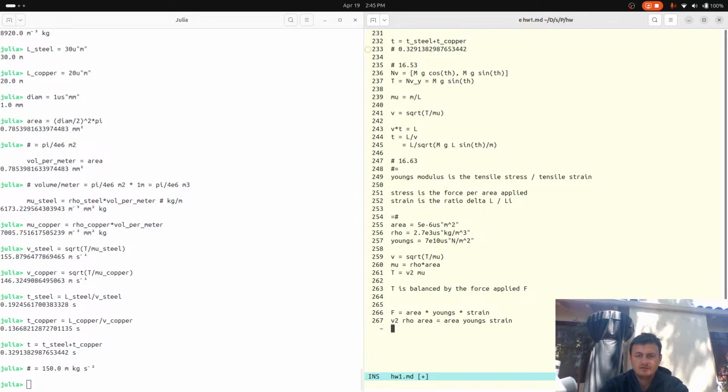So then V squared is equal to 100 meters per second squared. Because what did we say? We said V.